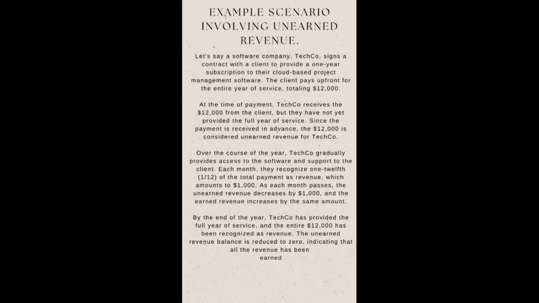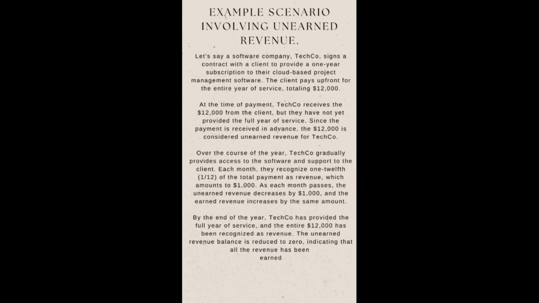Over the course of the year, TICO gradually provides access to the software and support to the client. Each month, they recognize 1/12 of the total payment as revenue, which amounts to $1,000. As each month passes, the unearned revenue decreases by $1,000 and the revenue increases by the same amount.